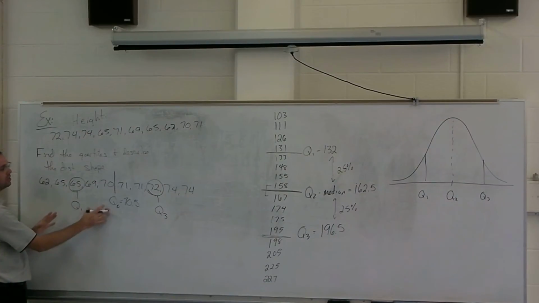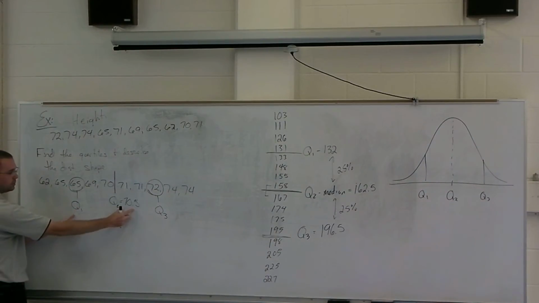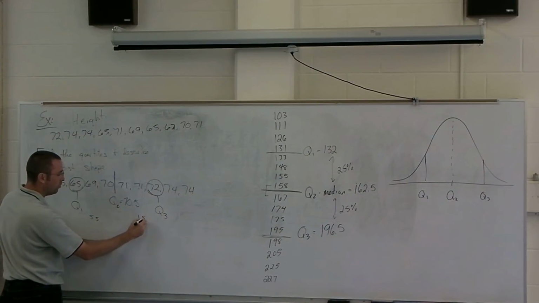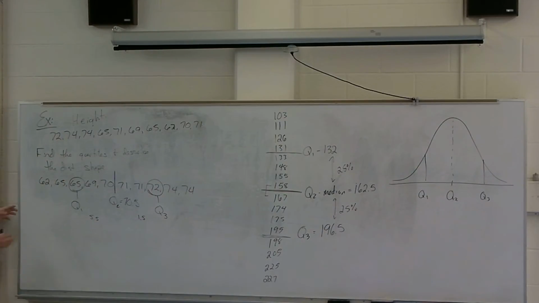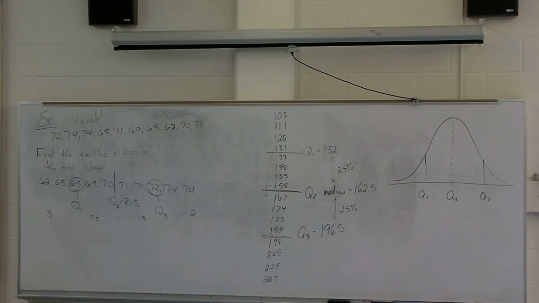Here, the difference between Q2 and Q1 is about 5.5. The difference between Q2 and Q3 is only 1.5. Down here I'm going another 3 units to get to the very bottom. Up there, I'm only having to go 2 more units to get to the top.